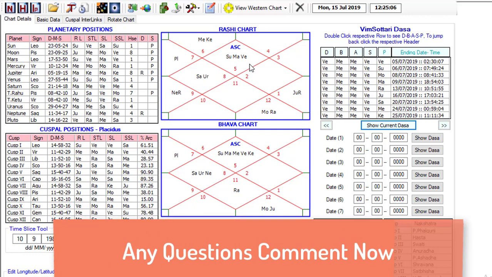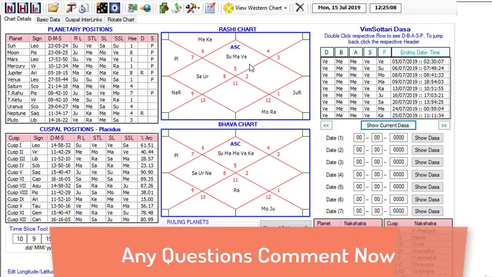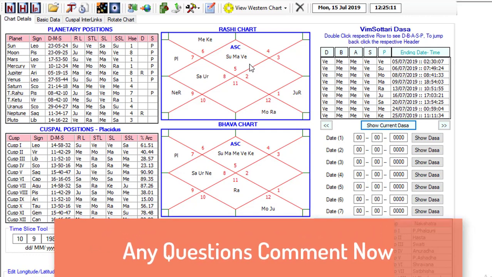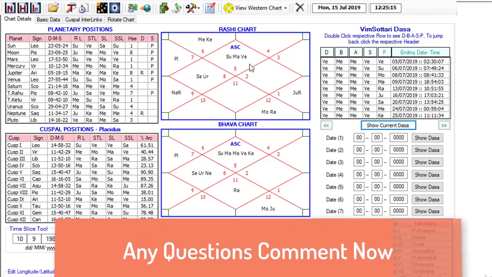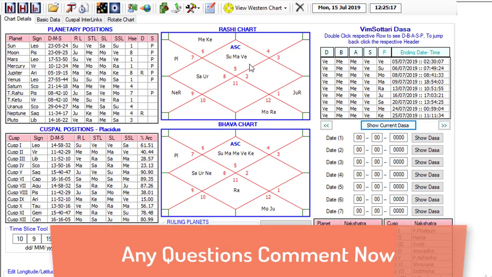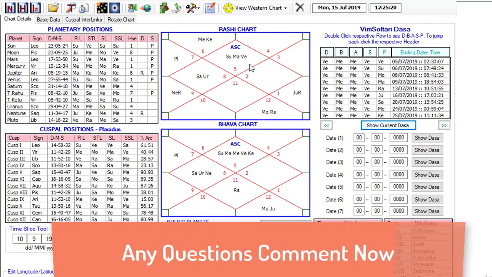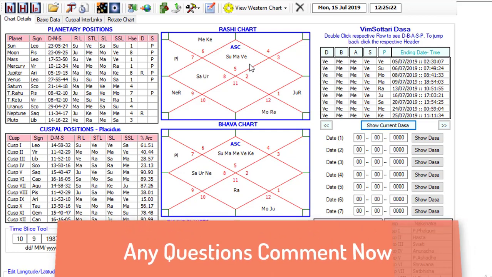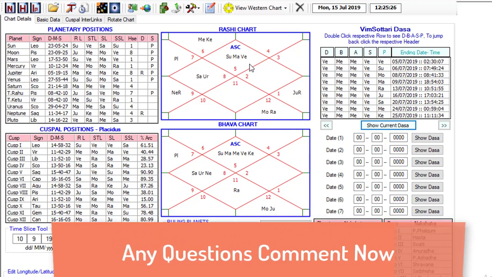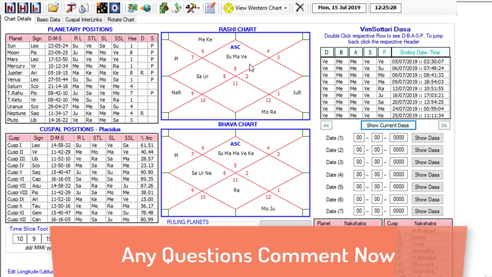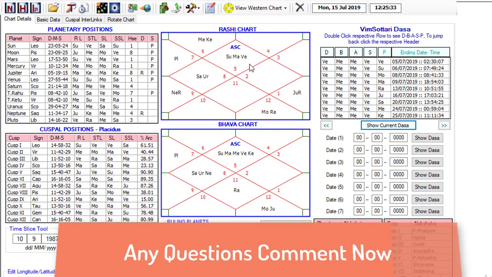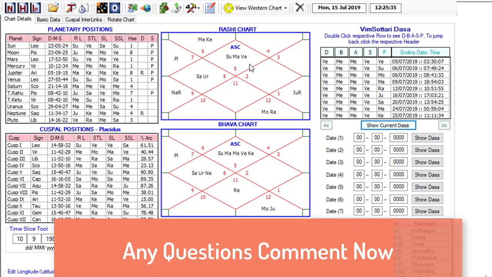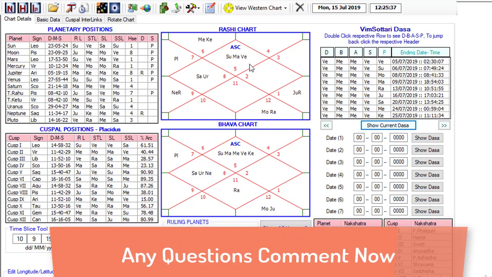So Mars is the planet which is going to give the result of finance or financial status. I'm not talking about Mars is going to give the finance, but it will let you know how will be your financial status. And who is going to give the result of finance? That is the key. That you will need to understand with the help of KP astrology, that this is a planet which is going to give me the money. So we will work on that particular planet so that we can gain good financial position.